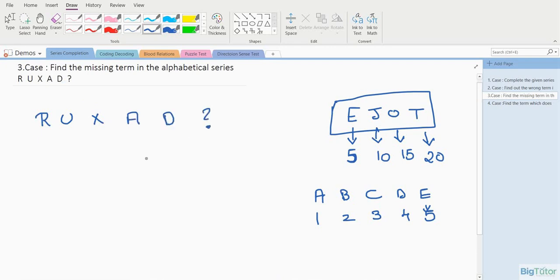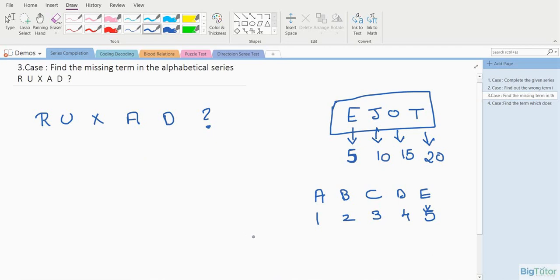This is the alphabetical series. To find out the pattern easily, first we are going to convert this alphabetical series into a numerical series, by the position of each alphabet.